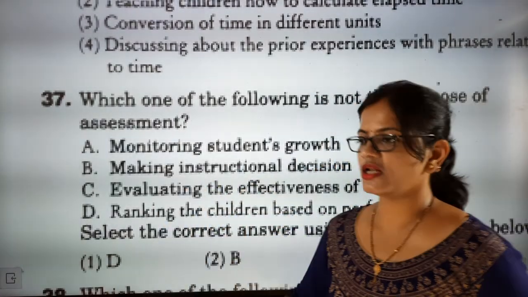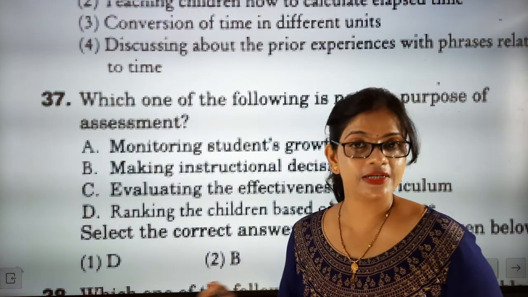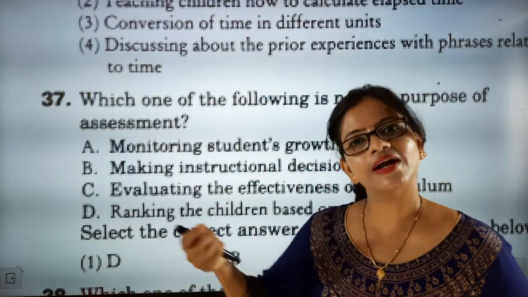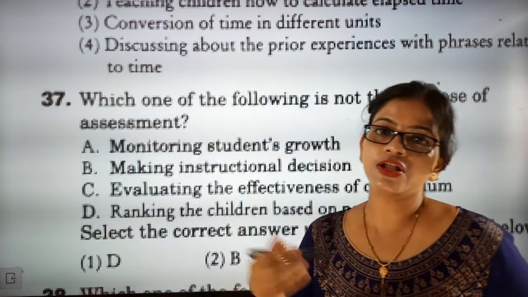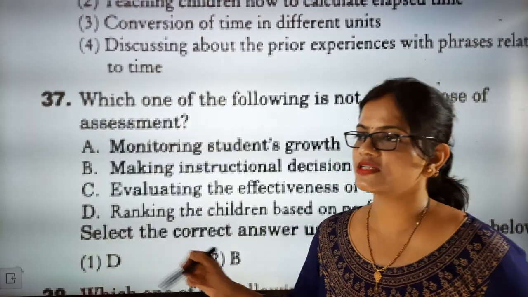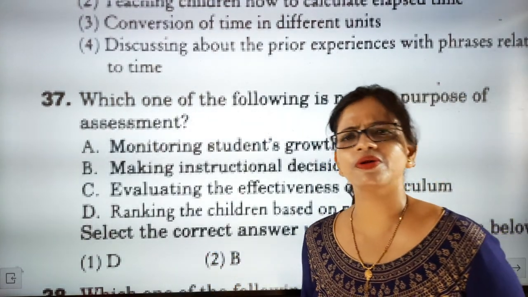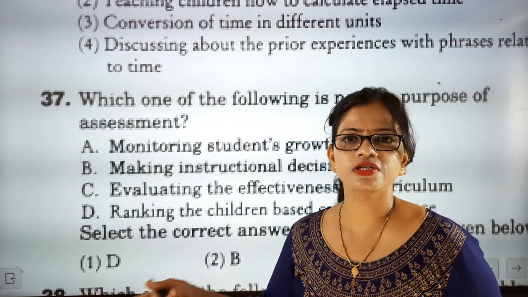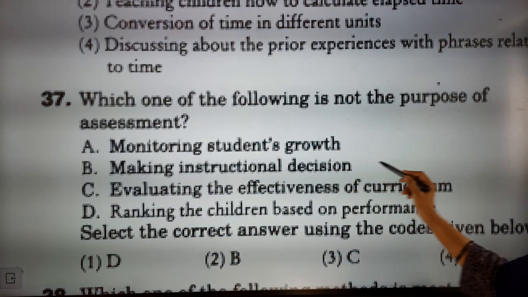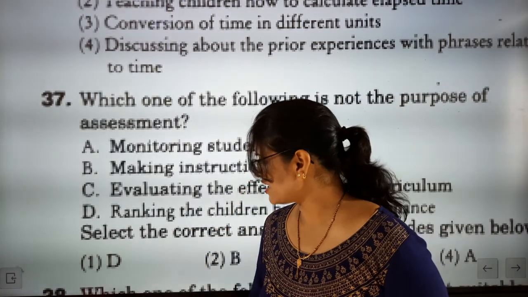After teaching something in maths, like 4 plus 3 is 7, 2 plus 6 is 8, I taught the child like that. Then I'll take the assessment by giving another two digits and asking the child to add. So the purpose of making instructional decisions is whether the child will be able to use those instructions or not.